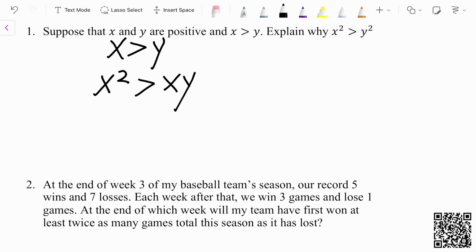If x to the power of 2 is greater than xy, if we multiply both sides by y, then, for the sake of keeping it the same, I'm also going to keep these both as xy's, just to make it easier. So then xy is greater than y to the power of 2.